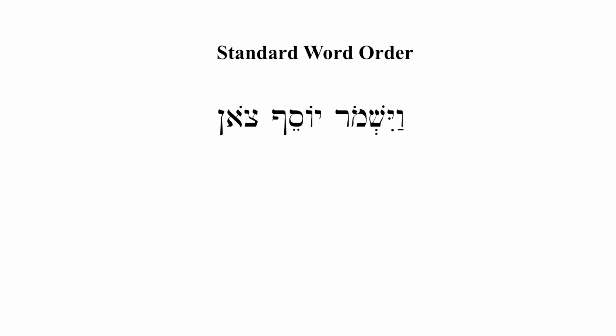So if we take a sentence like Vayishmor Yosef tson, as you can see in the first word, we're dealing with an imperfect. It has the special conjunction that indicates past tense. I would translate that, and he kept, all conveyed from that one word. Hebrew then likes to put the subject if it needs to clarify who it is.